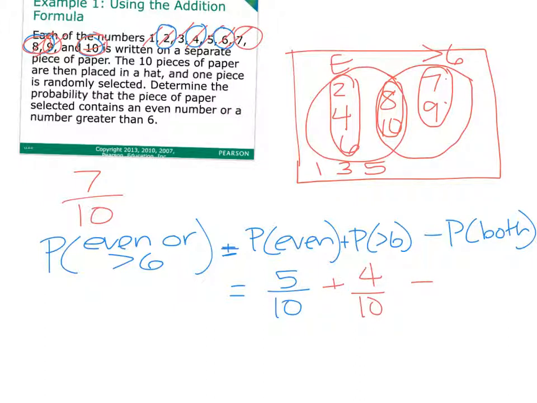What's the probability that you're both even and bigger than 6? That would be the 8 and the 10. So 2 out of 10 are both. And remember, when you add fractions, you just go straight across the top. 5 plus 4 is 9. 9 minus 2 is 7 out of 10. So you're allowed to do the problems either way you want, as long as you can keep it straight.